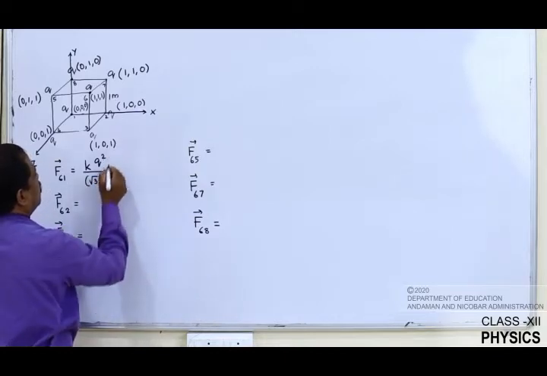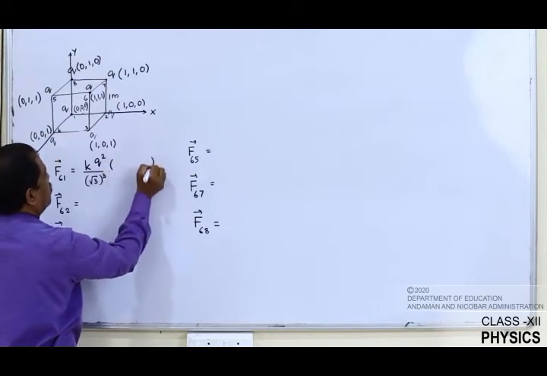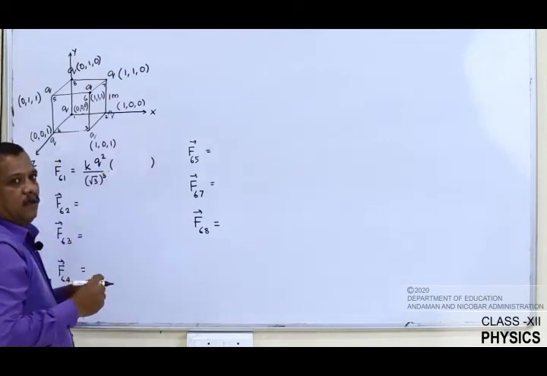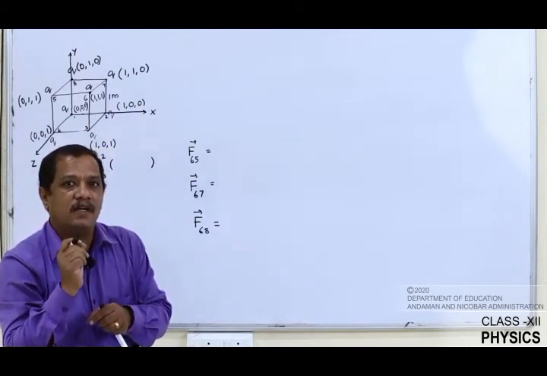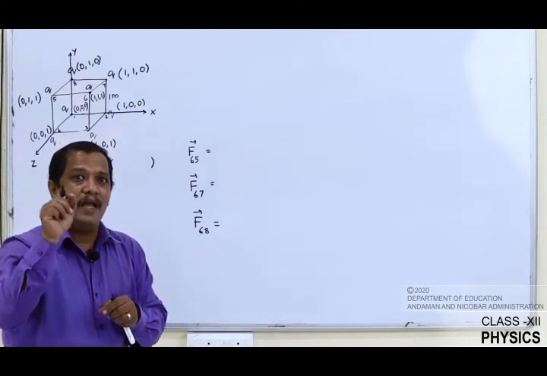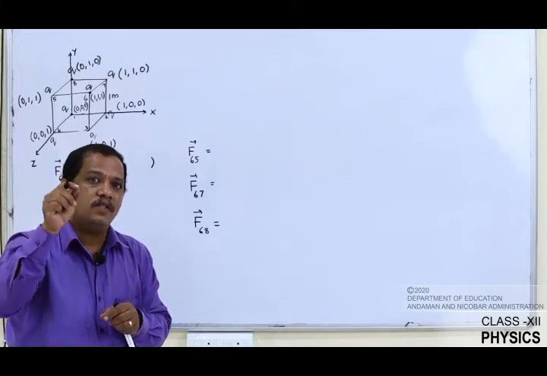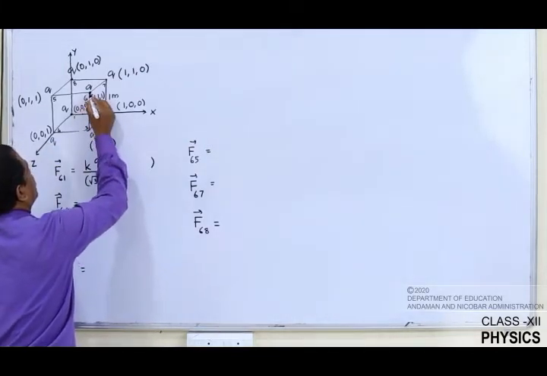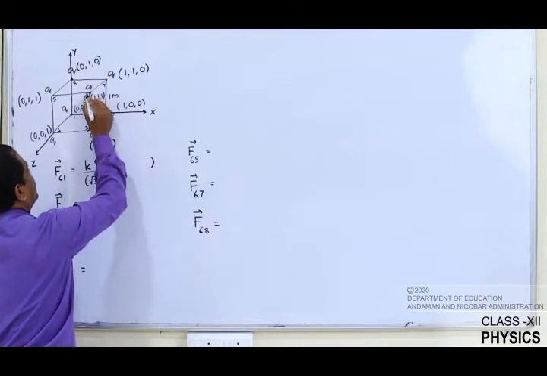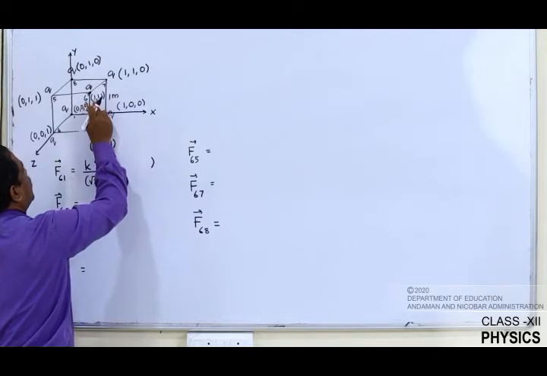I have to write the vector. So what is the vector then? The thing that we need to keep in mind is how we are going to draw the relative position vector. The head will be placed at the charge on which the force is being calculated. So therefore from this point I am going to draw the vector up to this point, and the vector head will be lying here at this point. So R2 minus R1.